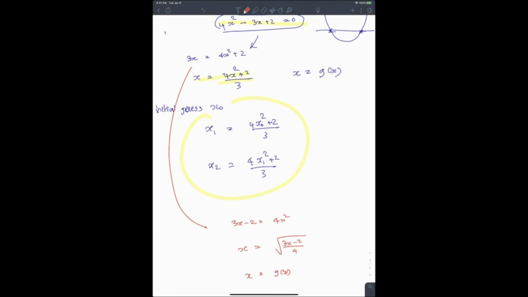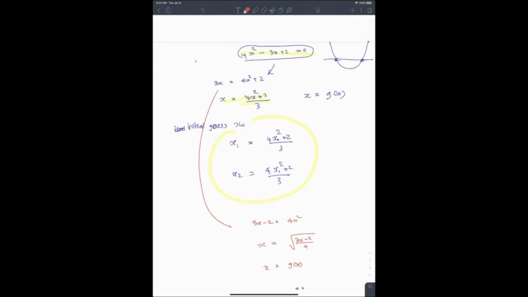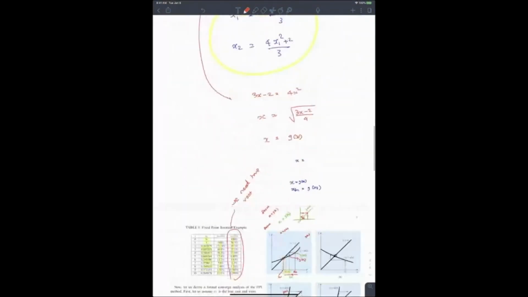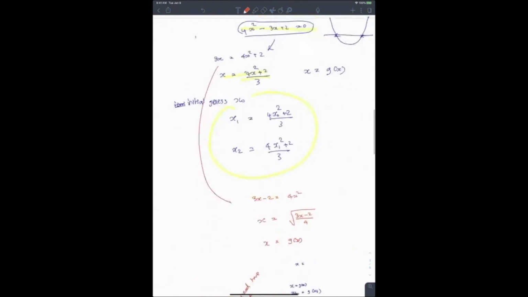So which one will converge fast? That is beyond the scope of this course. Our goal in this course is to introduce different methods for finding roots and show how to program them. I don't even think the textbook had that kind of explanation. But if you take these two examples, this is one way I wrote it, in x is equal to g1(x) form, and here is x is equal to g2(x) form.